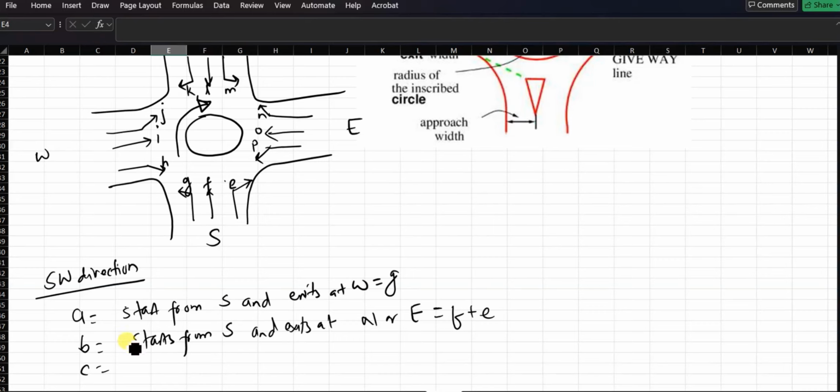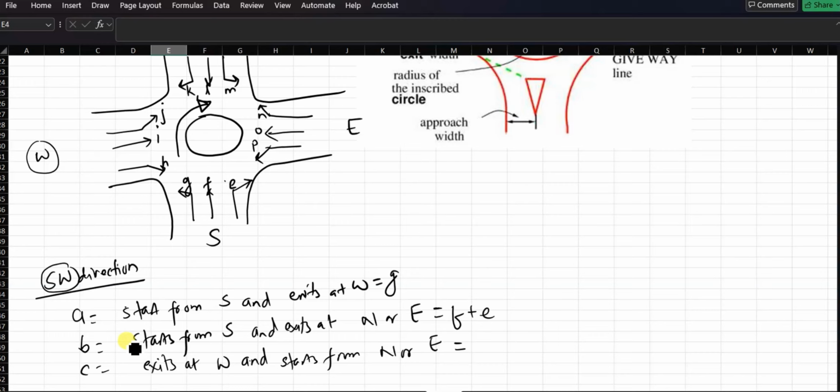So what is the value of C in this case? C is the traffic that exits at west direction, because we are taking this consideration, exits at west and starts from north or east. So what is the value of traffic that is exiting at W when starting from north or east?